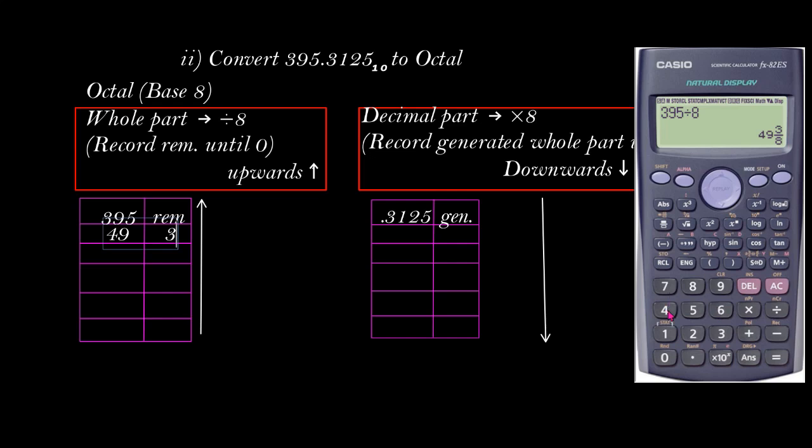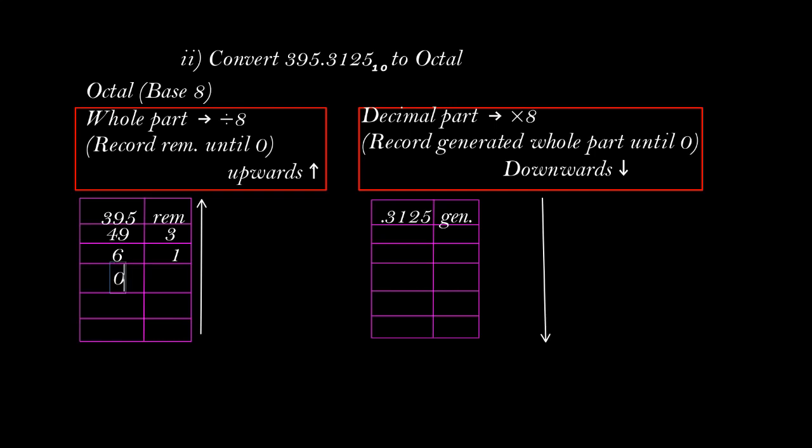It is the remainder we are recording. Then 49 divided by 8 gives 6 remainder 1. Then 6 divided by 8 gives 0 remainder 6. The moment you get 0, you've reached the end.